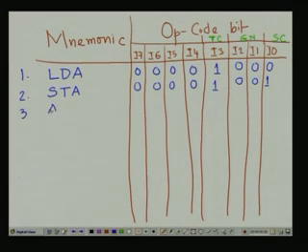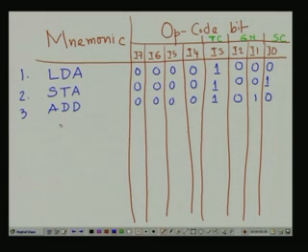Then ADD is also an MRI, so I put 1. Again I4 to I7 are all 0 values, and this is 0, 1, 0. So, this is a different group. Load and store are in group 0, add is in group 1, because I2, I1 is the group number. So, 0, 1 means group 1.